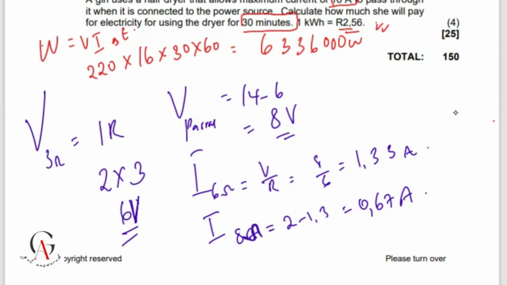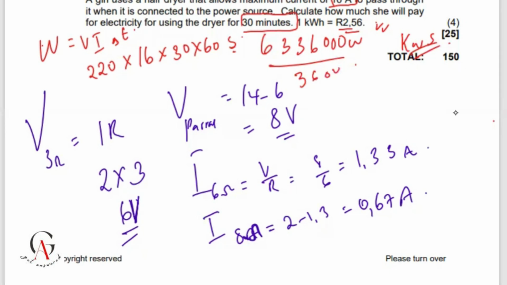If these are watts, but these are in seconds. Okay. Which means it's just kilowatt second. I need to change it to kilowatt hour, which means I'll divide this by 3,600.